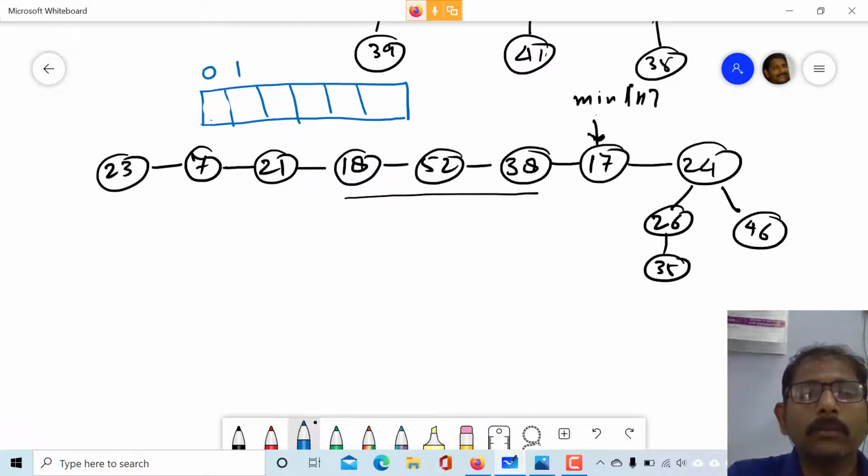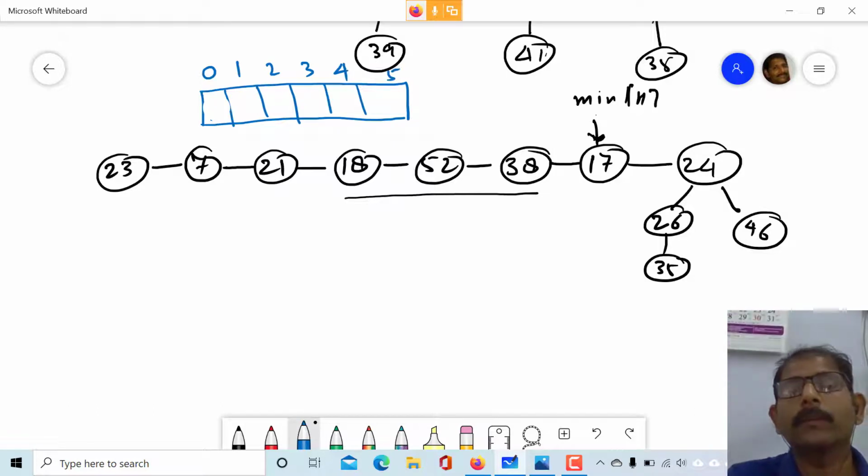This will be 0, this will be 1, 2, 3, 4, suppose it is 5.